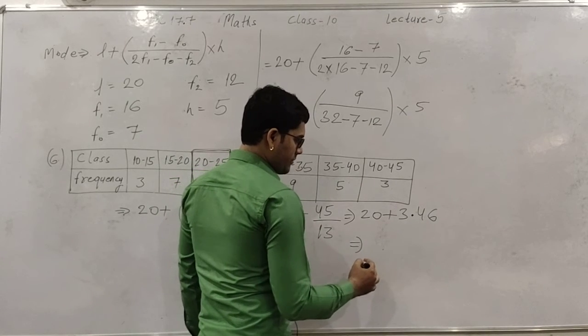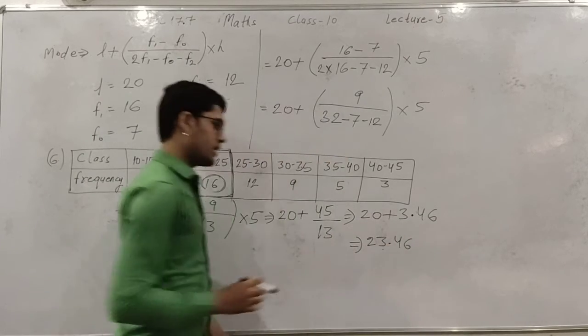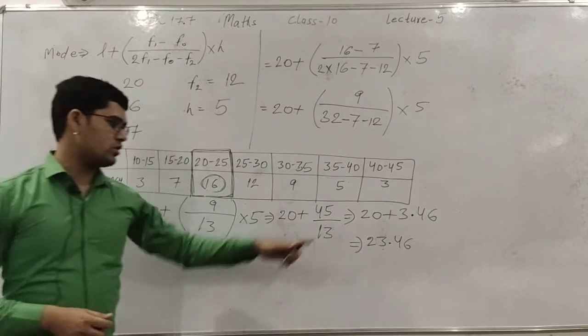What about 20 plus 3.46? It will come 23.46. So this is your mode.